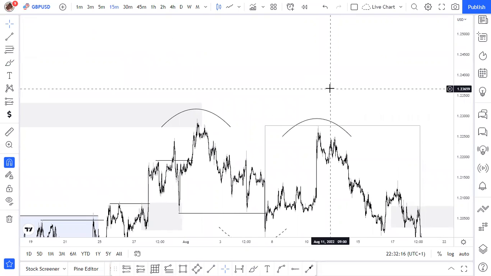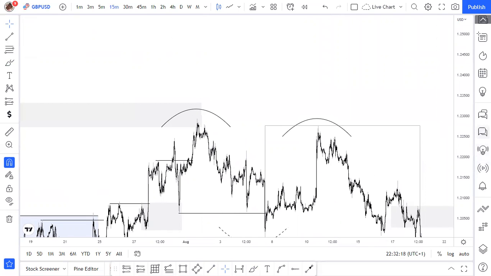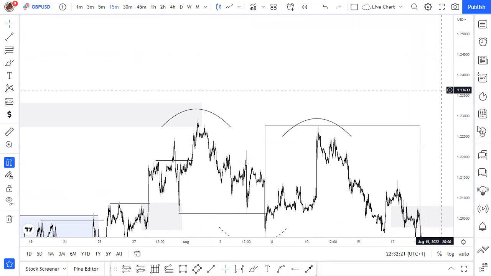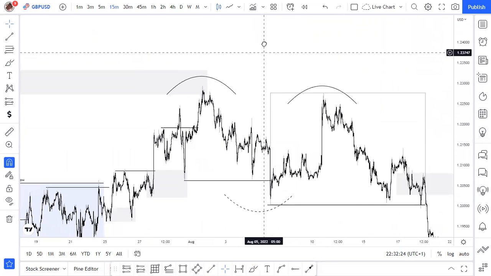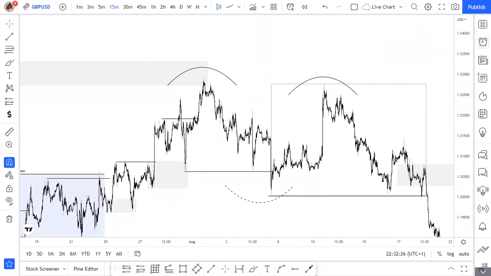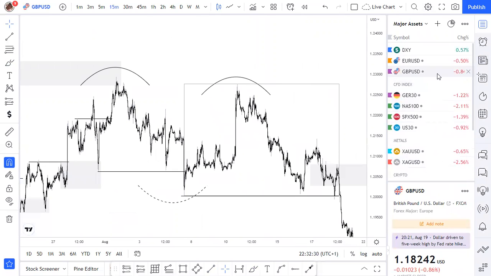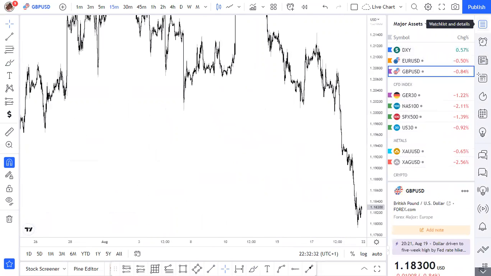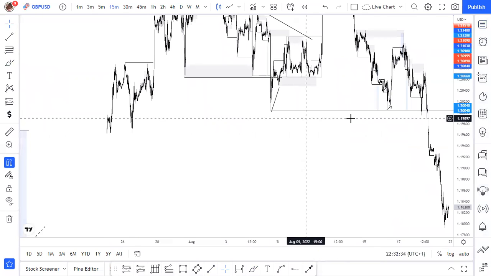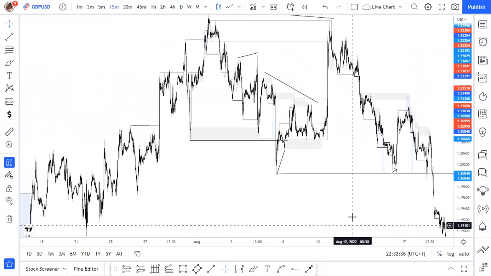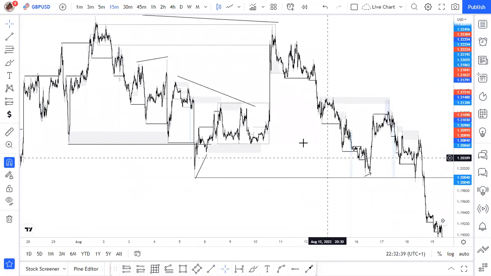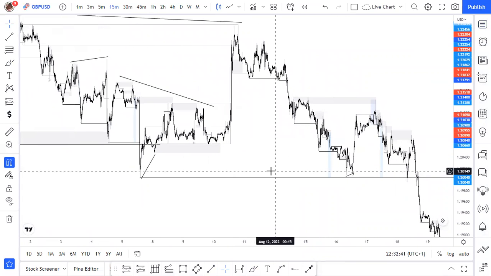And I just wanted to also talk about the trades I took during the week on pound USD. This week, I traded mainly pound USD. I did trade Euro USD, but it wasn't as much as I did on pound USD.